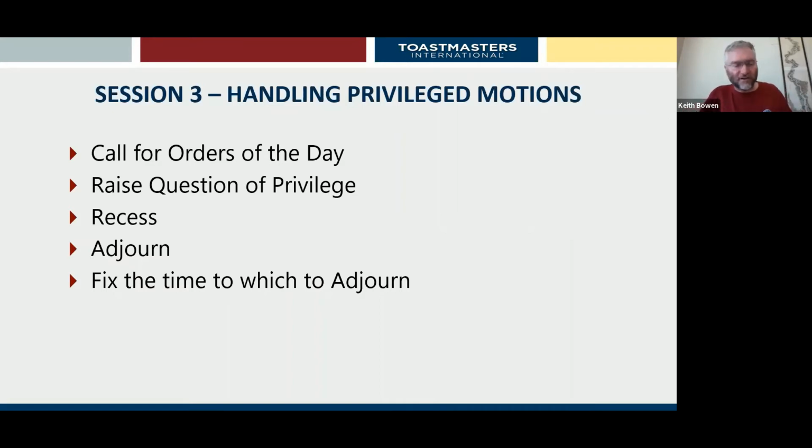It's not recommended you use that often, but generally it's done if we've gone on for long enough and it's late and the chair doesn't want to stop the meeting because there are things still on the agenda. Someone just says, I call for an adjournment. And the adjournment itself is again not debated.